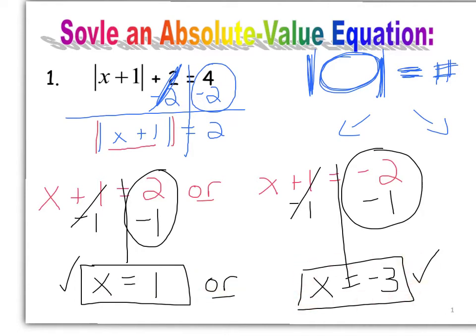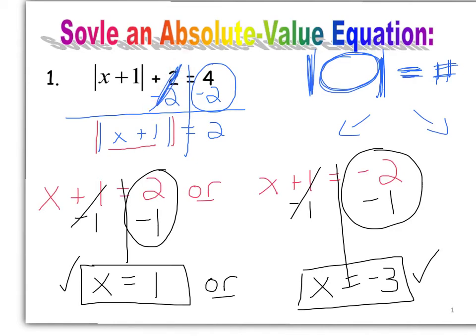Okay, so just to summarize, in order to set up your two equations, you have to make sure that the absolute value is all by itself, is alone on one side of the equal sign. If it's not alone, like here it was not alone because we had this plus 2, you have to get rid of that plus 2 first. So in this one, the way that we did it is we added the opposite, minus 2 on both sides.